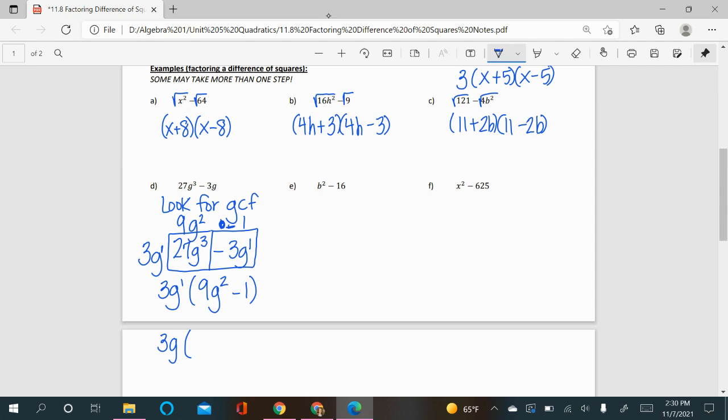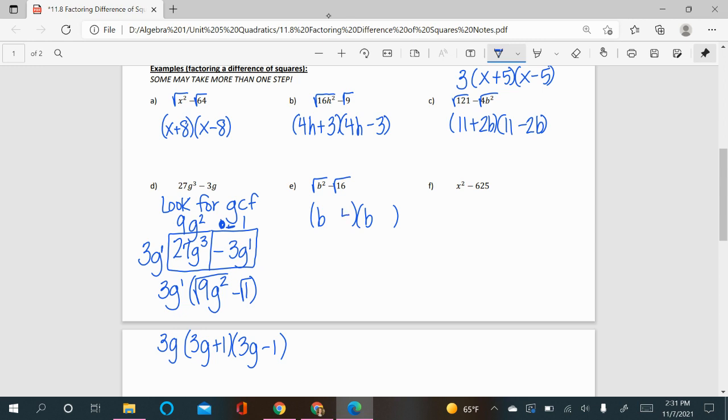Now I'm going to take the square root of each of these. The square root of 9 is 3. To get that g squared, I need a g and a g. The square root of 1 is just 1, with a plus and a minus. All right, on the next one, they're both perfect squares. There's no GCF here. The square root of b squared is b and b.